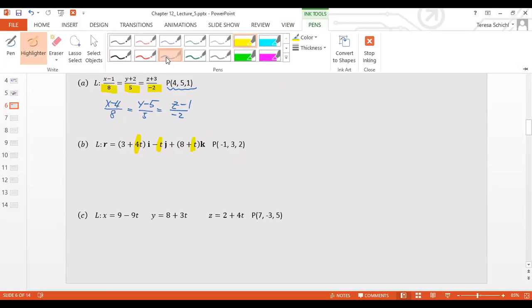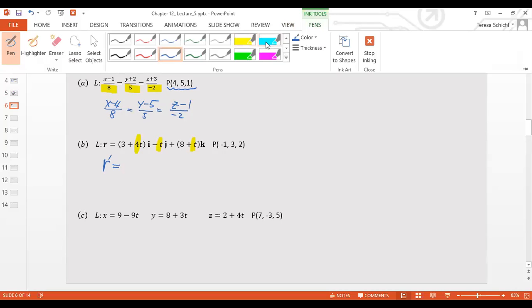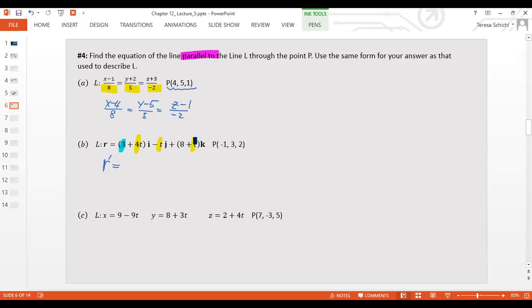Okay, so now let's try to write it. So because it's the same way, let's say r prime is the one parallel to r. So instead of -3, we know those numbers are the point, right? Now let's try to write it.